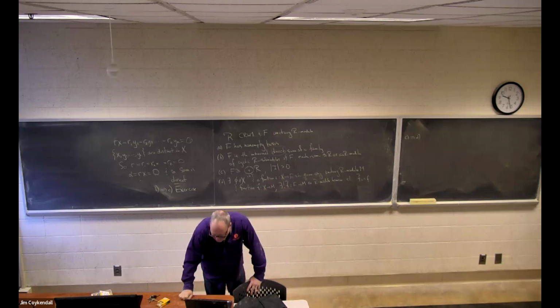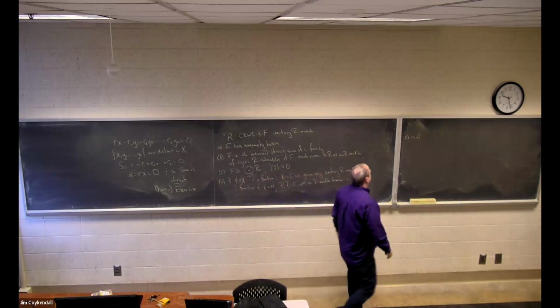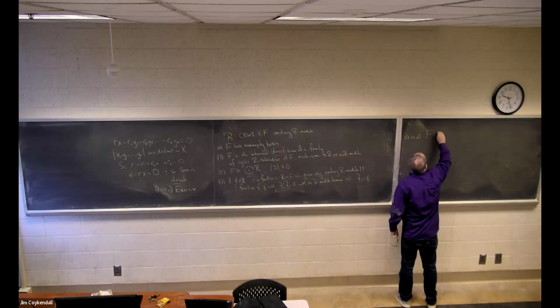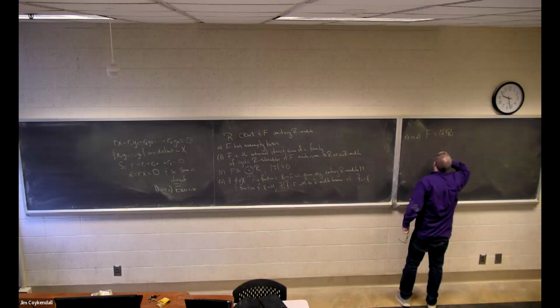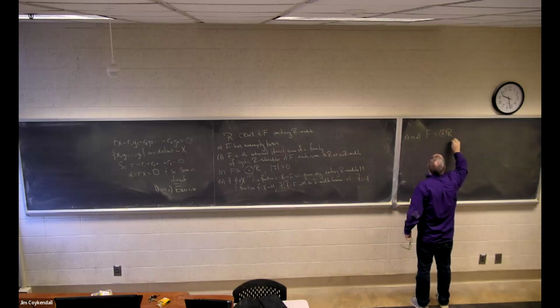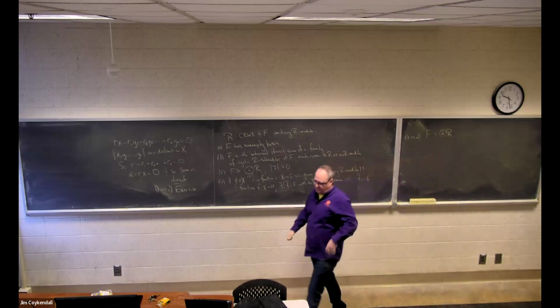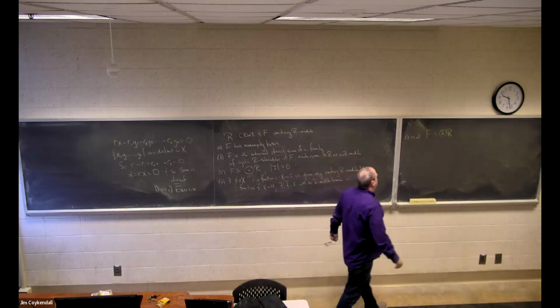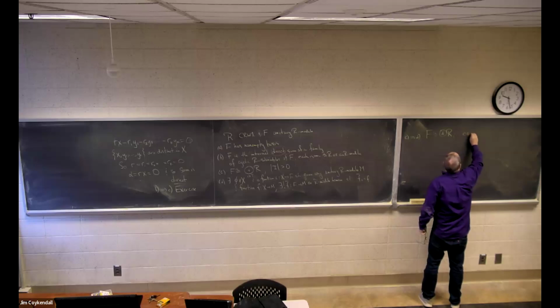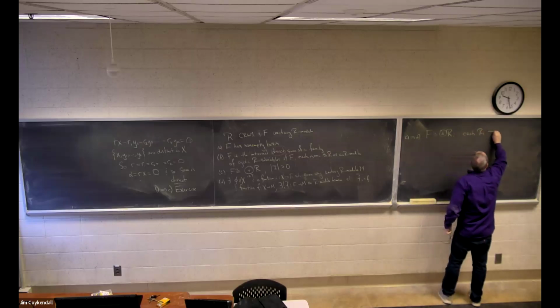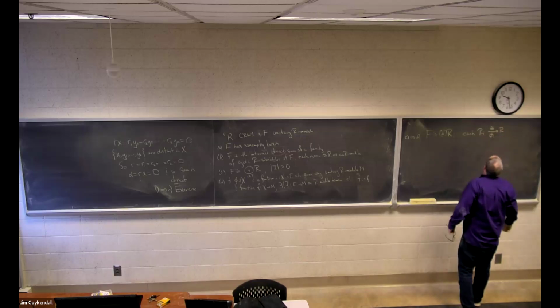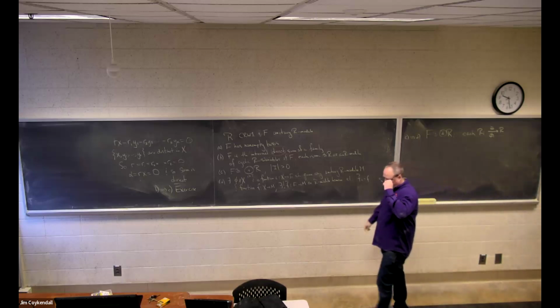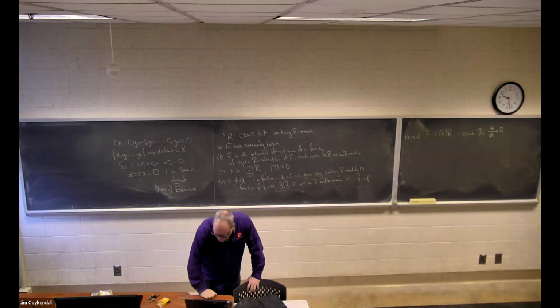I'm going to let F be the direct sum of Ri, each Ri isomorphic to R via vi. I'm going to write it that way.